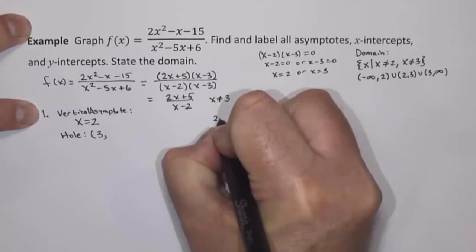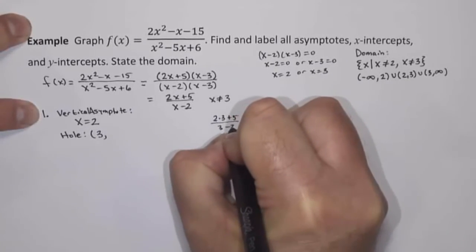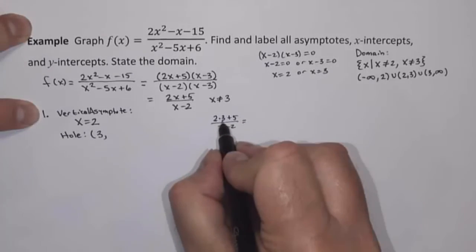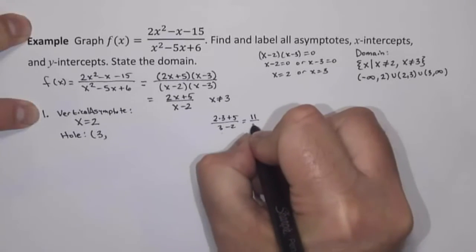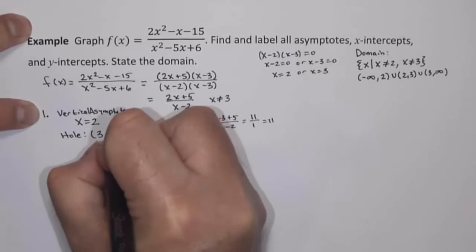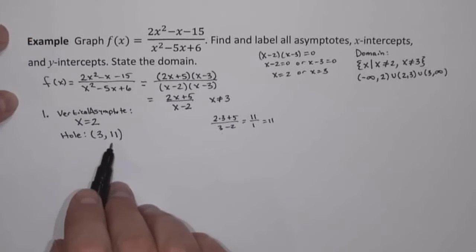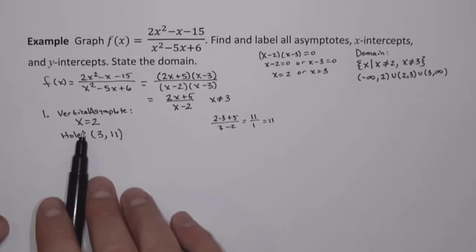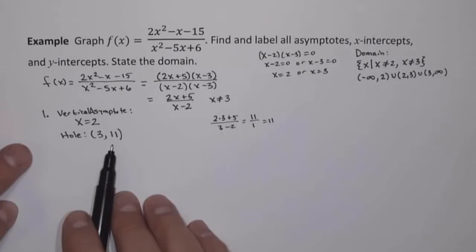So if I take 2 times 3 plus 5 and divide by 3 minus 2, 2 times 3 is 6 plus 5 is 11, and 3 minus 2 is 1, so that's 11. So we're going to have a hole in the graph at the point (3, 11). So we're going to have a vertical asymptote of x equals 2. We're going to have a hole in the graph at the point (3, 11).